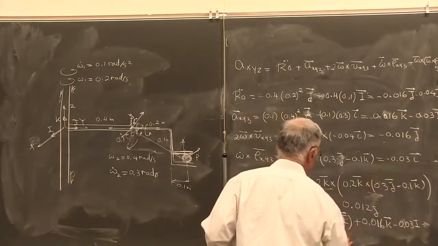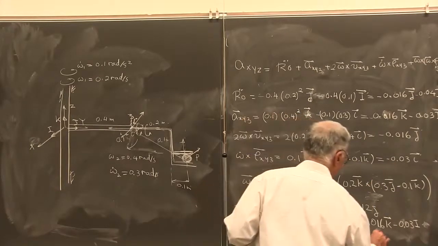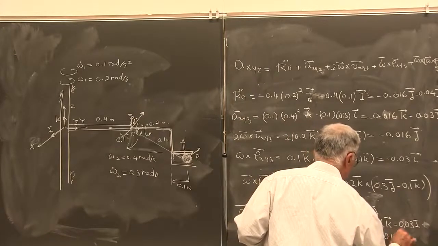Then you have this term, which is 0.03 I. And then you have minus 0.012 j.